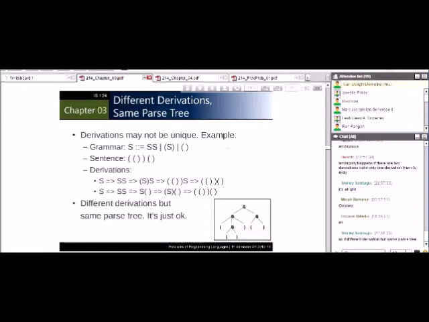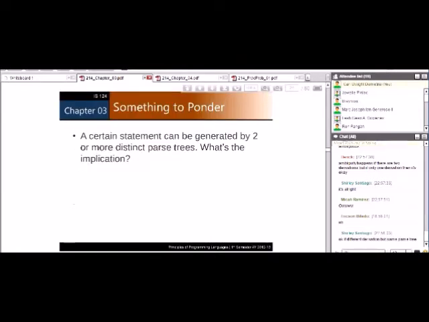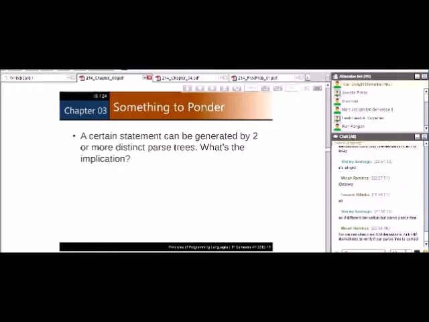Now the problem is ambiguity, or the grammar being ambiguous. If you are able to produce distinct parse trees. Kanina, different derivations but same parse tree.